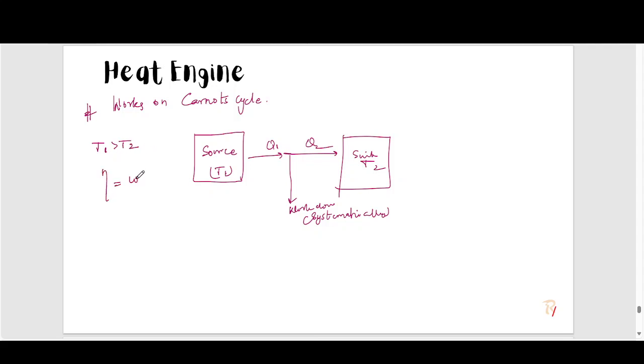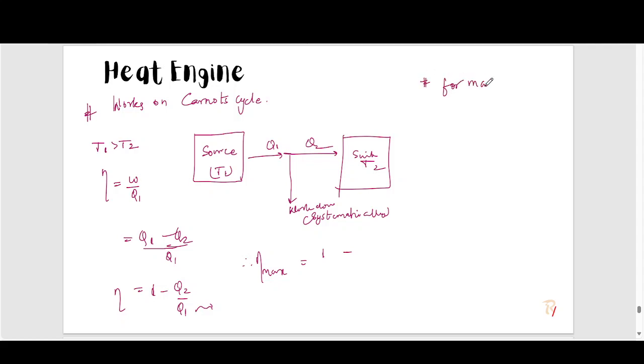Eta equals W by Q1, that is Q1 minus Q2 by Q1, which gives eta equals 1 minus Q2 upon Q1. Therefore, eta maximum is equal to 1 minus Q2 by Q1.